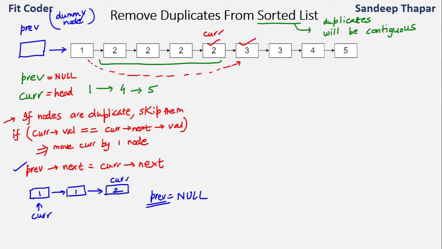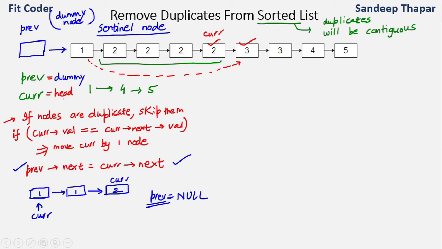To prevent that special handling, we can keep a dummy node, which is also sometimes referred to as a sentinel node. Now we have initialized previous as dummy. So even if our head is duplicate, when we do previous next is current next, we won't face any issue because previous is already initialized as dummy.